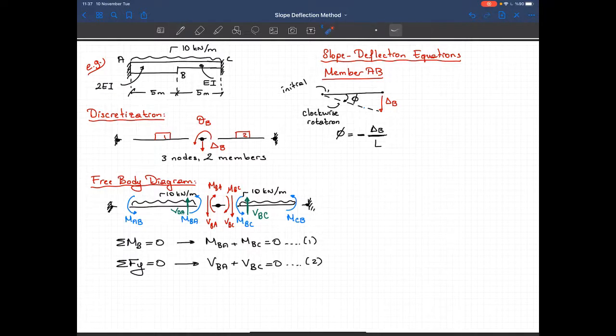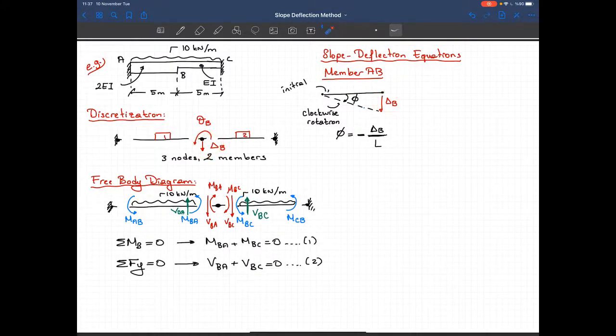Now, if I had defined my degree of freedom in the upward direction, then I would be drawing the figure like this. That will be the delta B, and the phi angle will be in the counterclockwise direction, and in that case, phi would be equal to delta B over L. So this depends on the way we define our degrees of freedom.